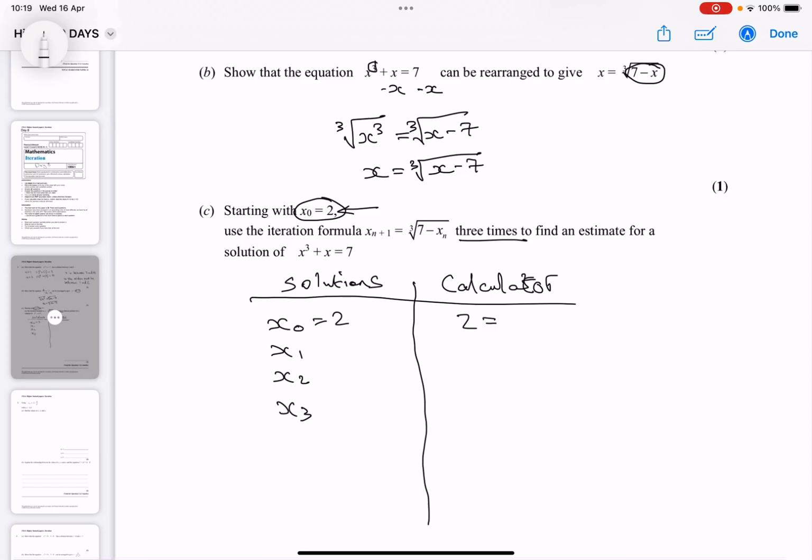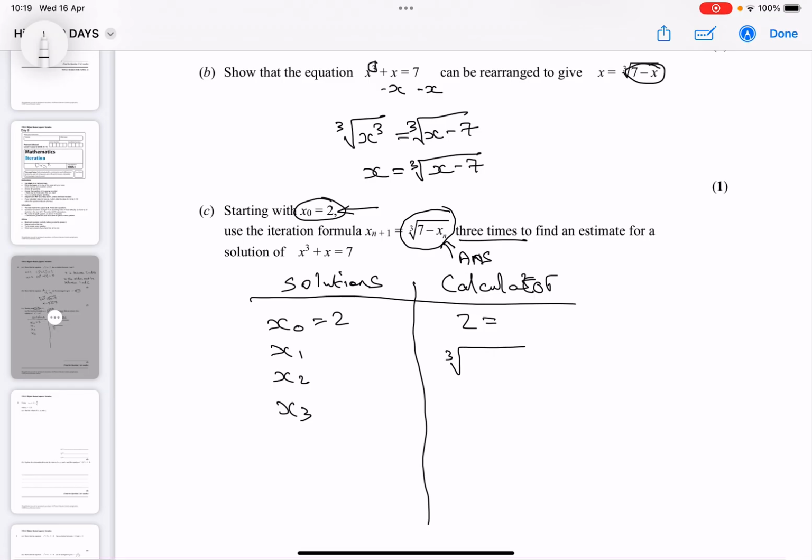I've got my calculator turned on. I press 2 equals. That tells the calculator to work with the 2. And what I then need to do is replicate this using ans where it says xn. So that's where I'm going to use my ans button. In fact, my ans button has got a lowercase n. So all I'm going to do is type in cube root, find that on the calculator.